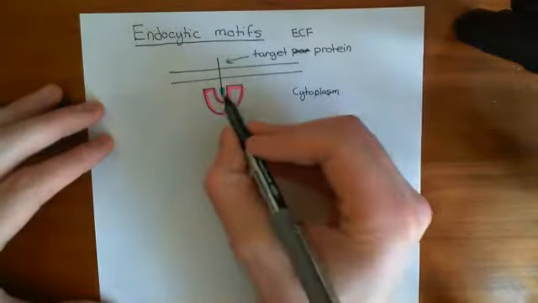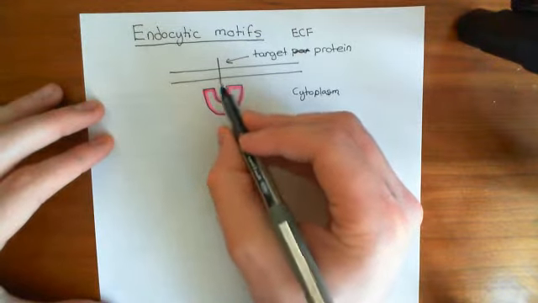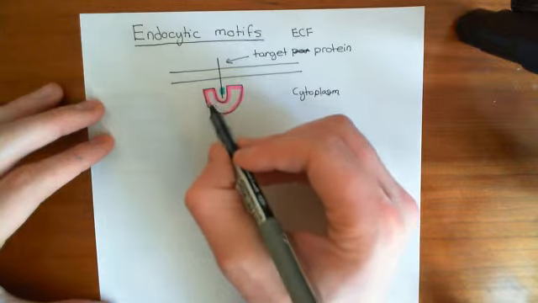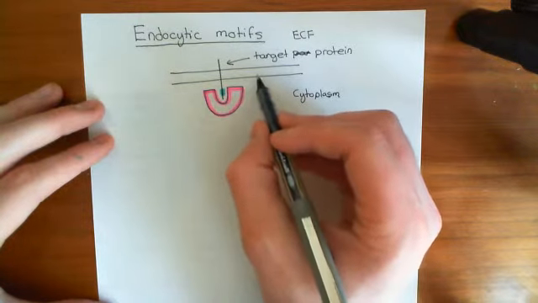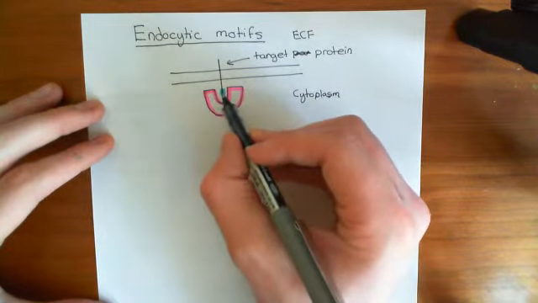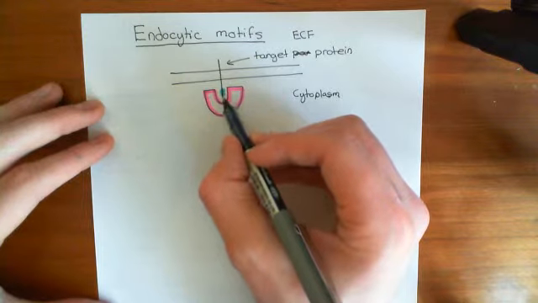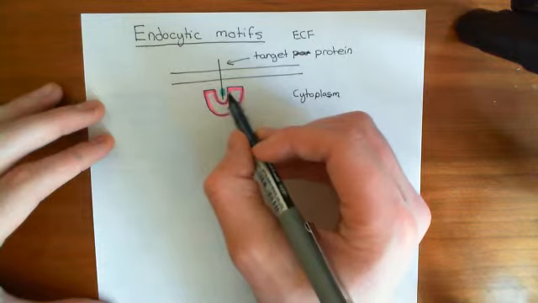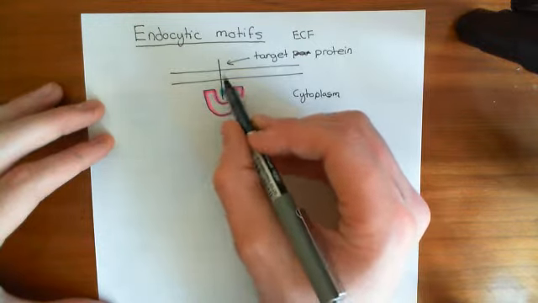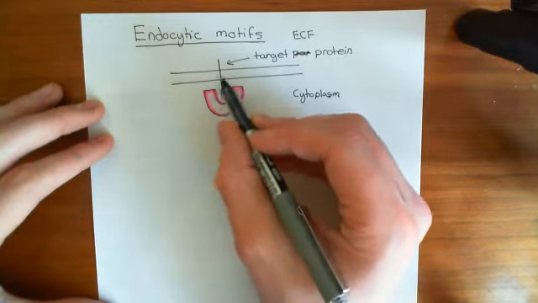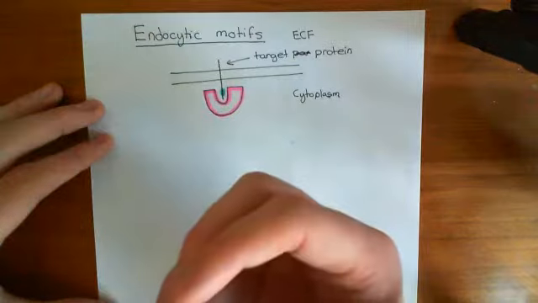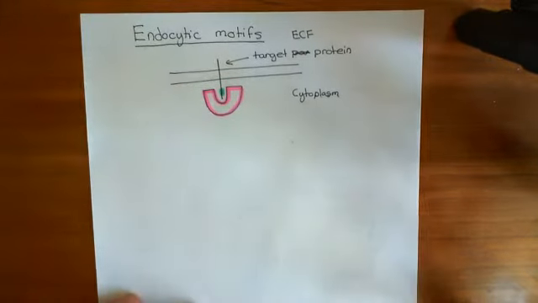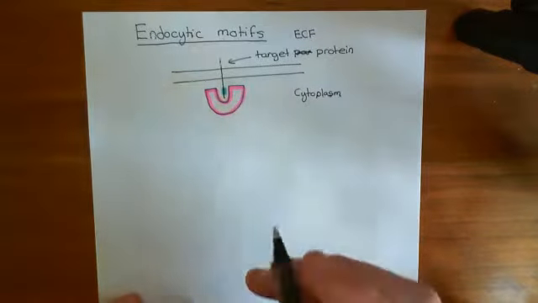On the cytoplasmic domain, which is just a fancy name for the portion of the protein that is in the cytoplasm, or on the cytoplasmic side of the plasma membrane, there will be a certain combination of amino acids next to each other which will tell the adapter protein that this target protein needs to be endocytosed. These are called endocytic motifs. So let me give you some examples of endocytic motifs.